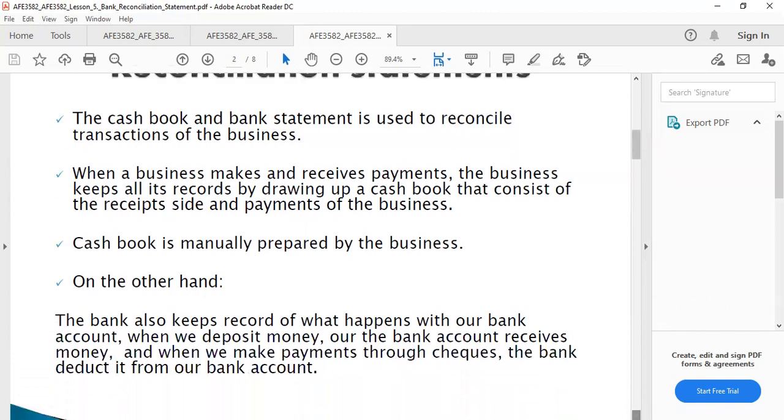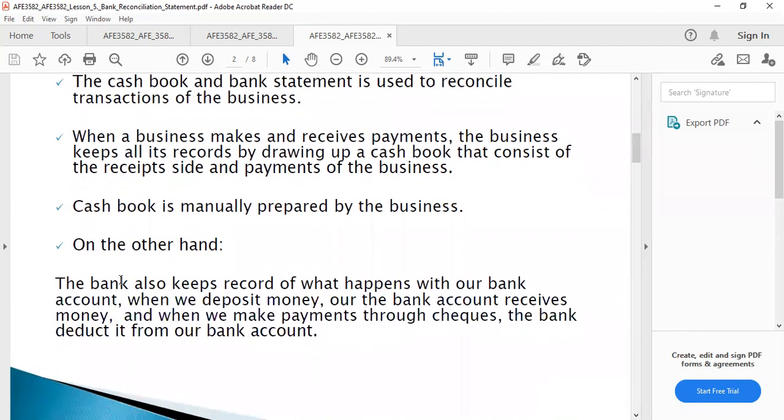On the other hand, the bank also keeps records of what happens with our bank account. When we deposit money, our bank account receives the money, and when we make payments through checks, the bank deducts it from our bank account. So we record all transactions manually in our cash book, while the bank also records transactions.